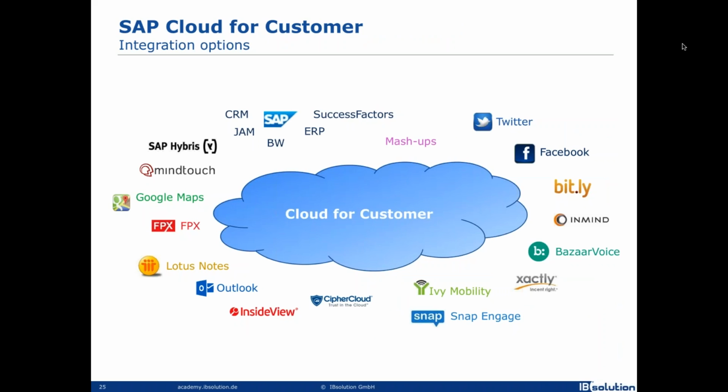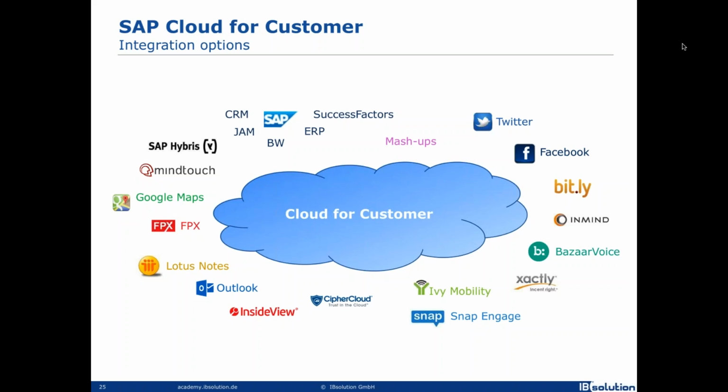The next topic that we are going to cover is cloud integration. As I have already mentioned, Cloud for Customer provides a set of integrations with SAP and non-SAP products.